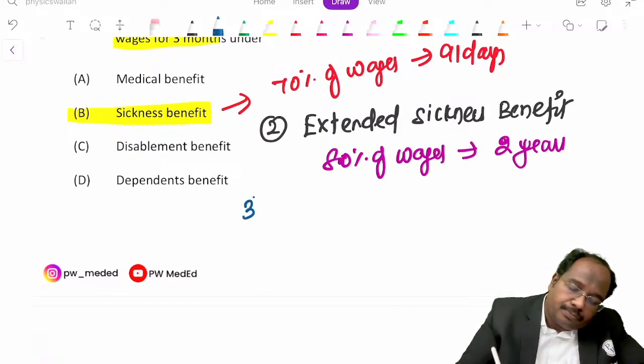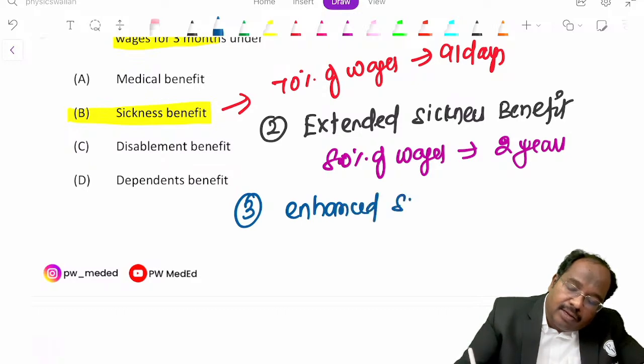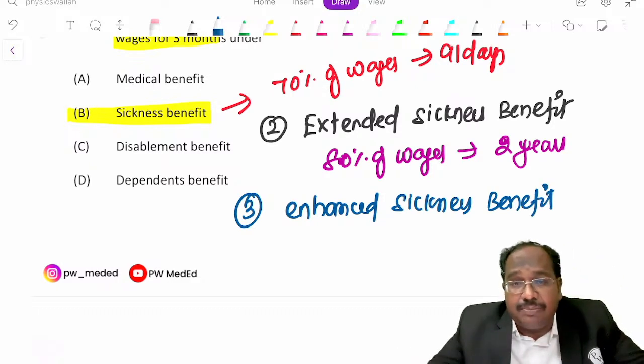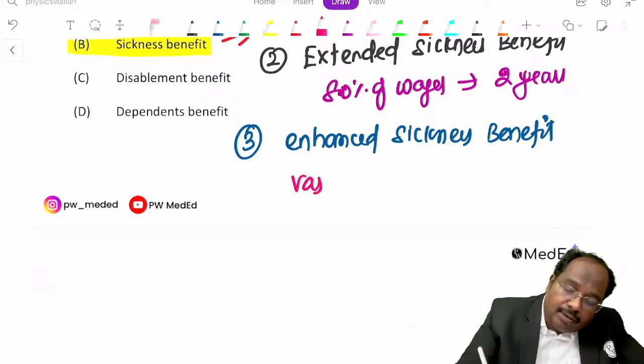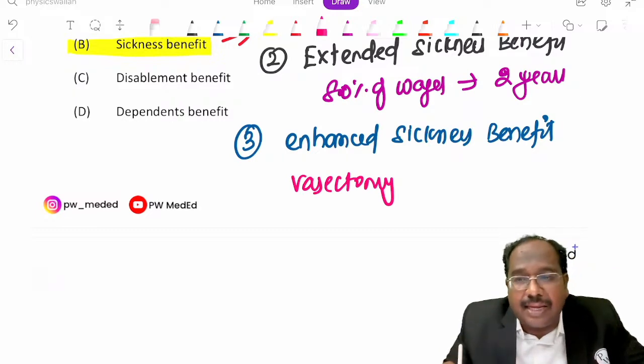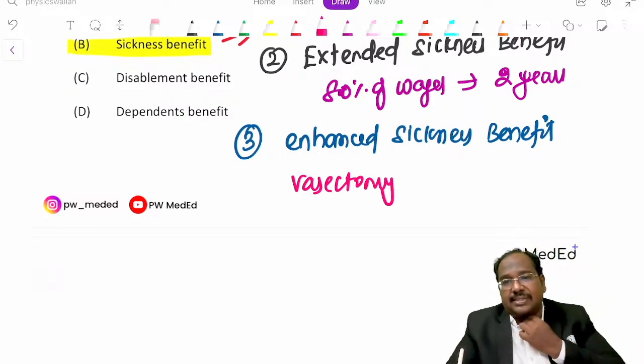Third, enhanced sickness benefit. Where will you get this enhanced sickness benefit? If the person is undergoing vasectomy, facts are important, guys. We have to discuss the facts actually.